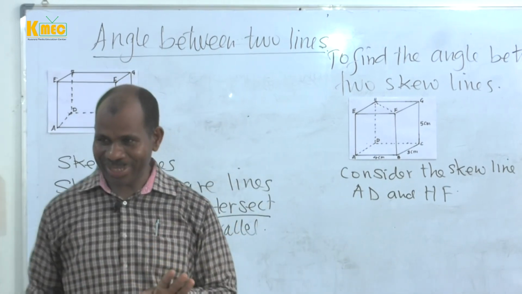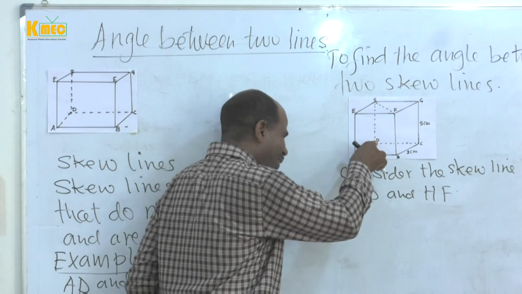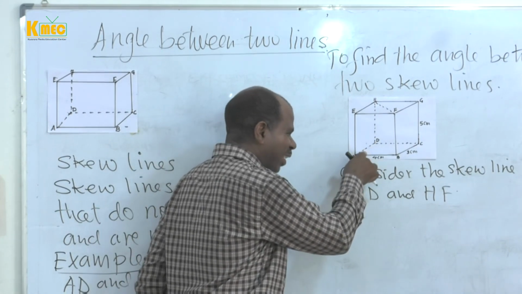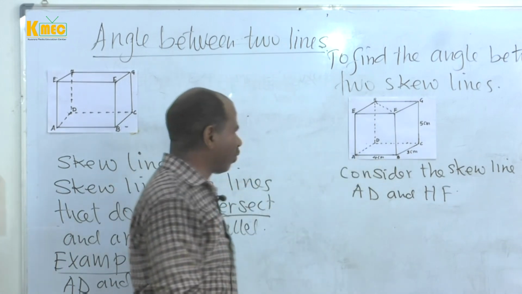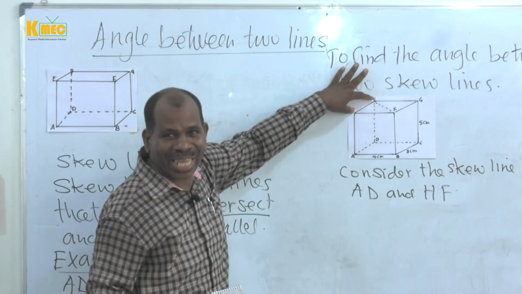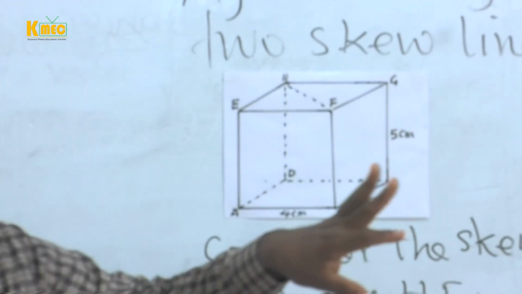You get my point? Yes. So we transfer this to find a line parallel to AD that meets HF. You see the line AD is parallel to EF.